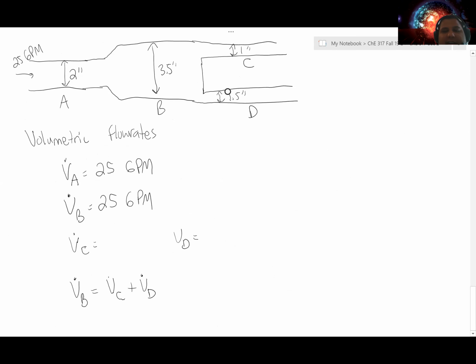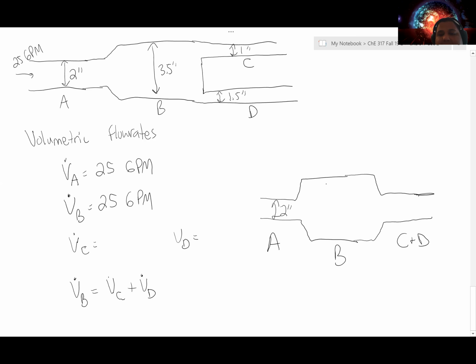we can redraw it in a way that can help you understand how we can determine the flow in sections C and D. In reality, even though there's a split between C and D, a fluid particle flowing through this system isn't going to see the split at all. What it's going to see is something that looks like this.